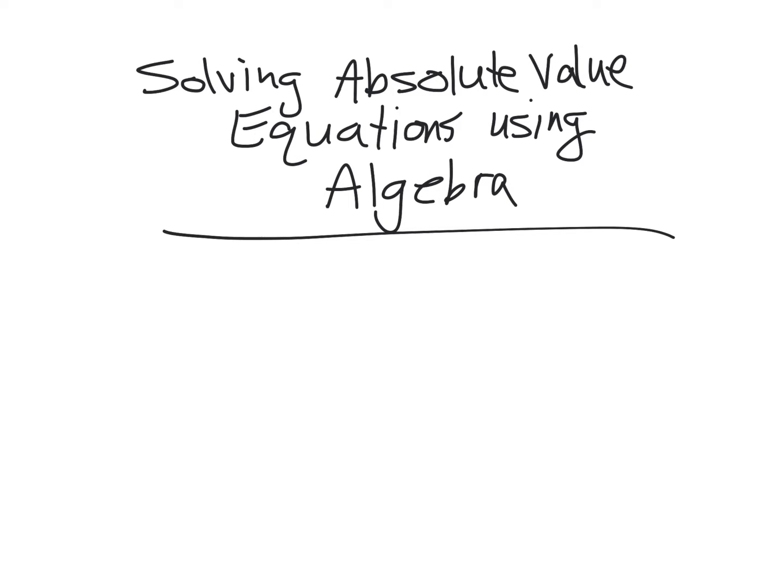What is absolute value? Well, first, let's look at how we represent absolute value. Absolute value are these bars right here. So what does absolute value do? Absolute value makes any number positive. So if I do absolute value of -2, I get 2.